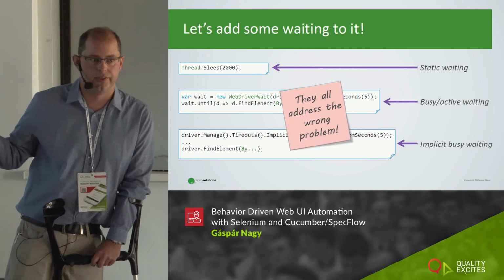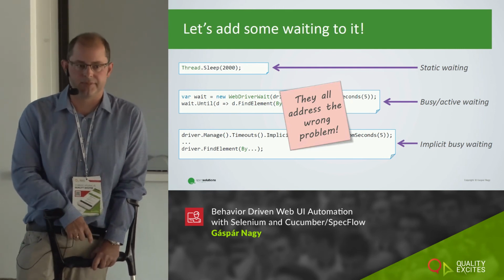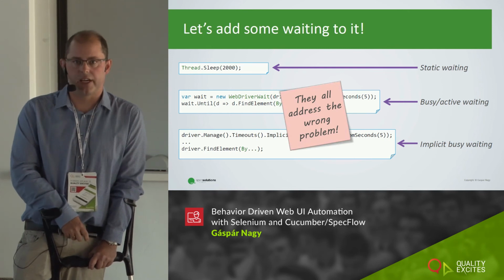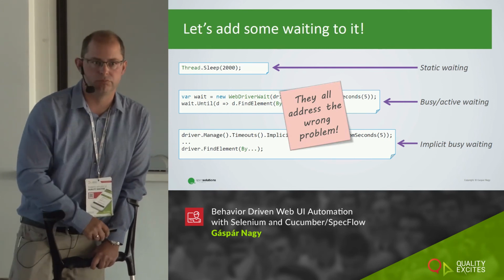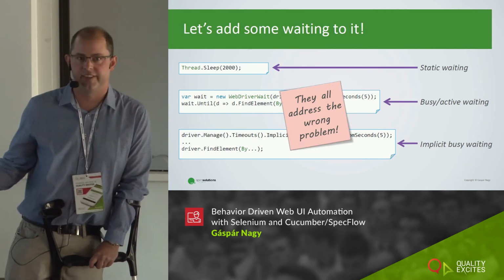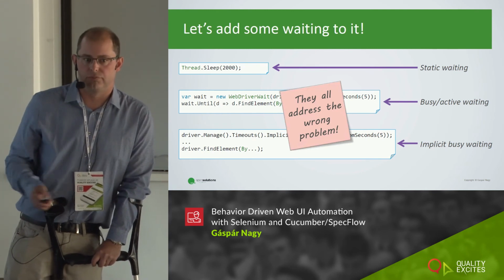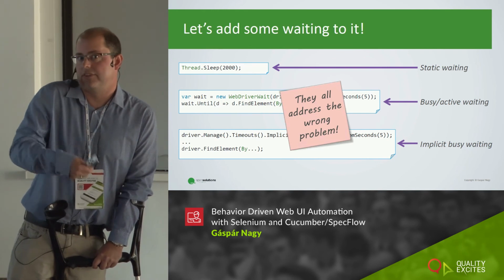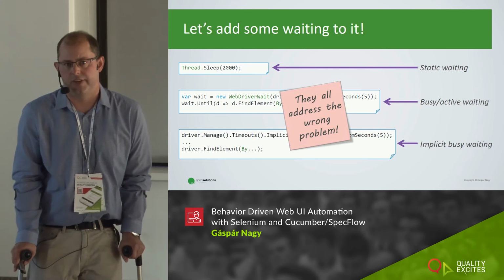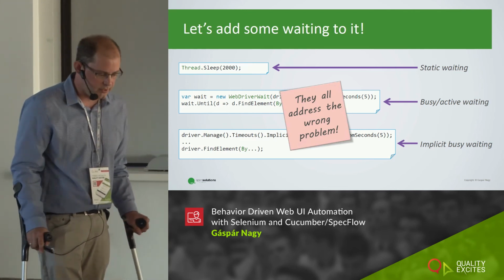So this is how you can implement that. You can also do that in a kind of implicit way. So you can configure Selenium to make a maximum 5 seconds of waiting for every find element. So basically, it's essentially the same, just you don't have to say it every time when you have a find element, right? This is a kind of implicit waiting. Okay, so these are the typical solutions for that.